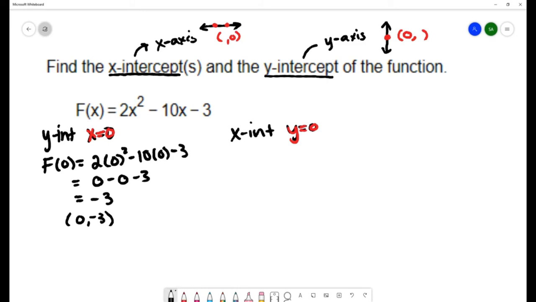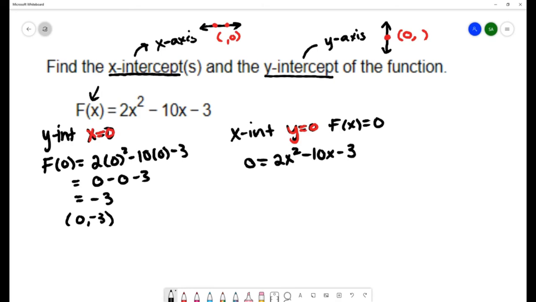Now in our equation we don't have a y, but we know that f of x is the same thing as y. So we're going to set f of x equal to 0. That's going to give us this equation, 0 equals 2x squared minus 10x minus 3.